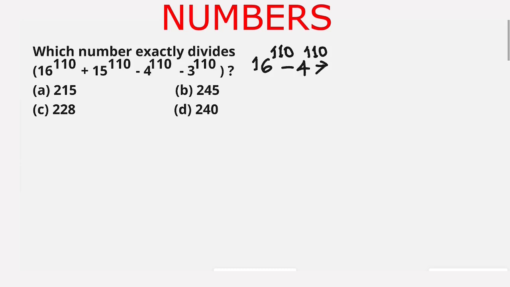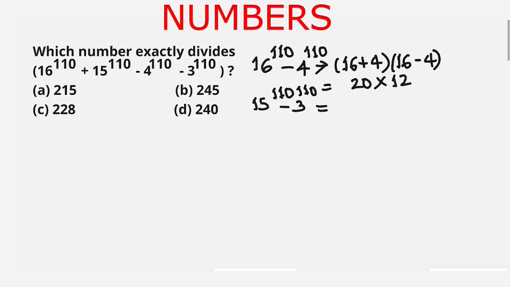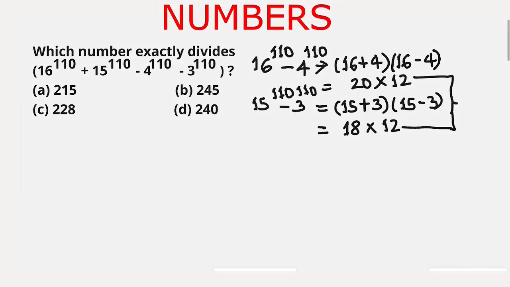As the power is even, so the factors will be 16 plus 4 and 16 minus 4, and this is equal to 20 multiplied by 12, and another pair will be 15 to the power 110 minus 3 to the power 110, and 110 is an even number, so the factors will be 15 plus 3 and 15 minus 3, that is 18 multiplied by 12, and common factor between these two is 12.